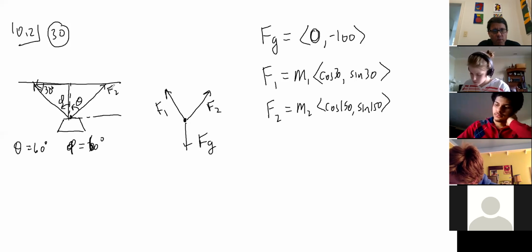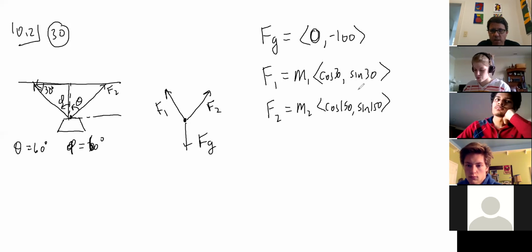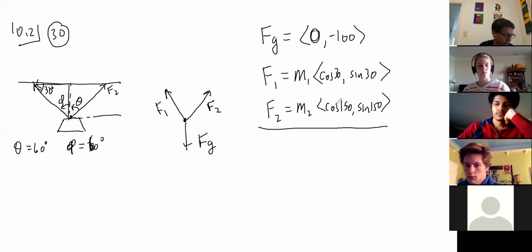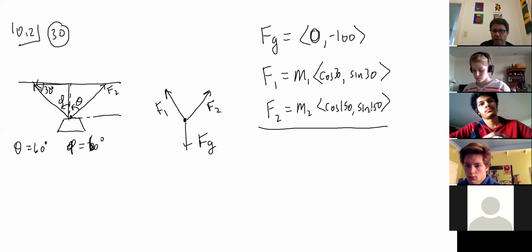So I'm basing it off of the angle in order to get the signs to be correct. I think that this is correct here. But if they're all going to balance out, then the x components are going to have to come together to be 0, and the y components are going to have to come together to be 0.